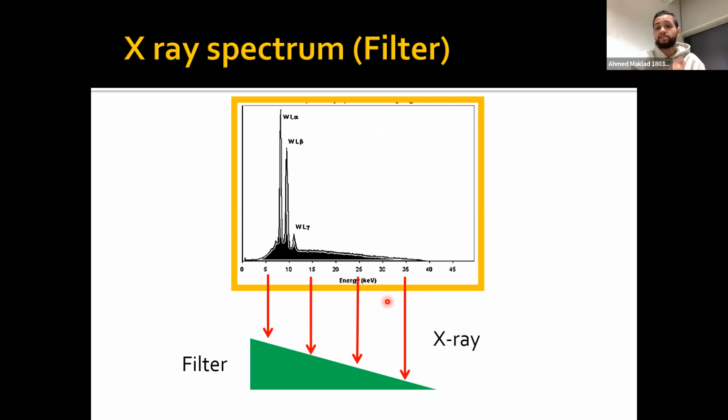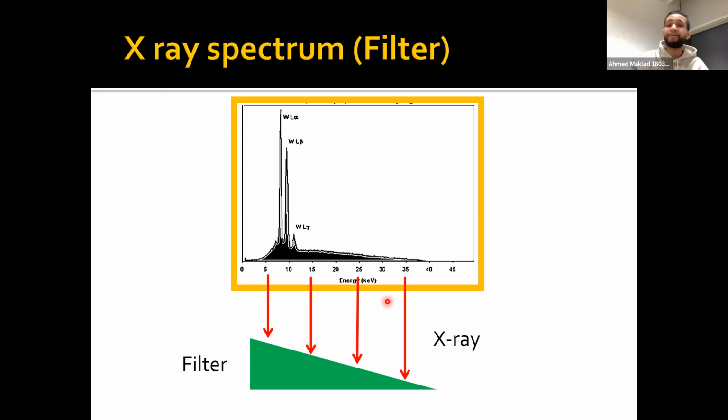Yes, they happen at the same time. As I said, you have 100% X-rays coming out of the tube. 90% of them are going to be general radiation, and 10% are going to be characteristic radiation, but both are happening at the same time.